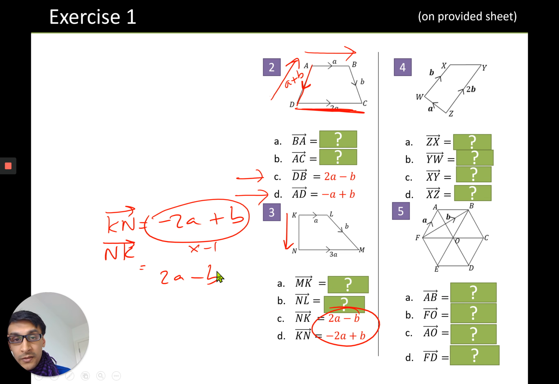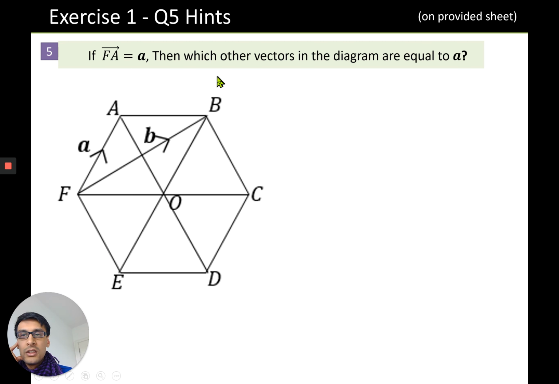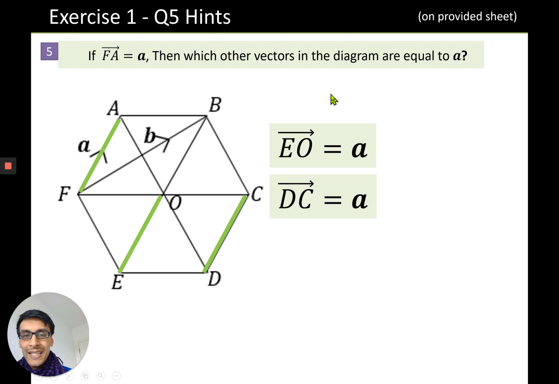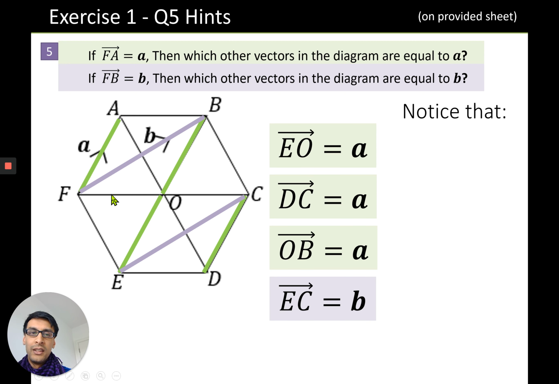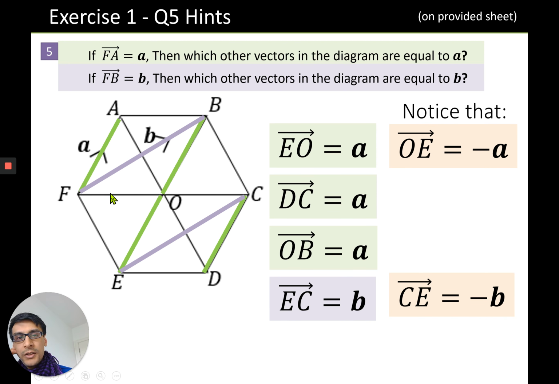Now, for question 5, I have just a little animation here. So if FA is equal to A, then which other vectors in the diagram are equal to A? Well, you can see that if that's A, this must be A. So in other words, EO, DC will be A. OB will be A. And then FB is equal to B. So in that case, if FB is B, then EC must also be equal to B. Notice also if you're going in the opposite direction, then they just become negative.